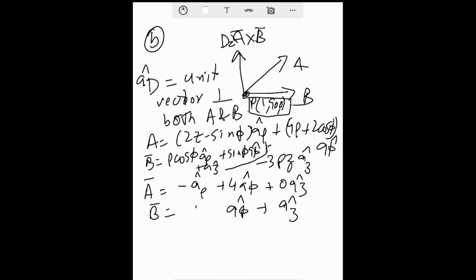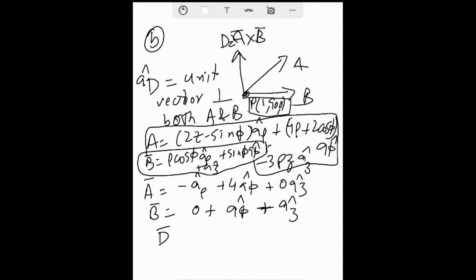So this is my B vector, this is my A vector, and the point is phi is 90, so cosine phi will be 0, so there is nothing here, and sine phi is 1, so sine phi a_phi is just a_phi, and a_z is a_z as it is there.